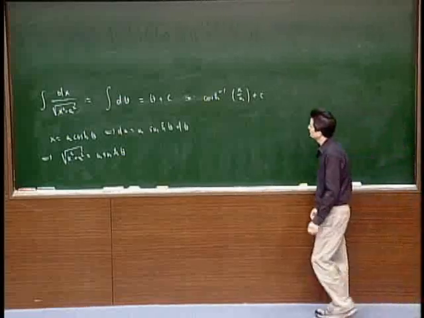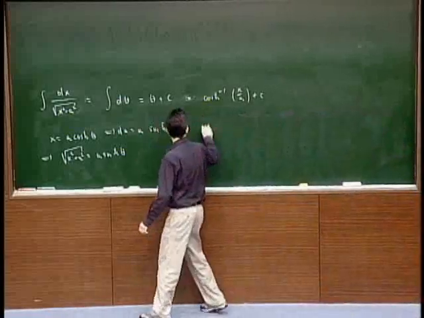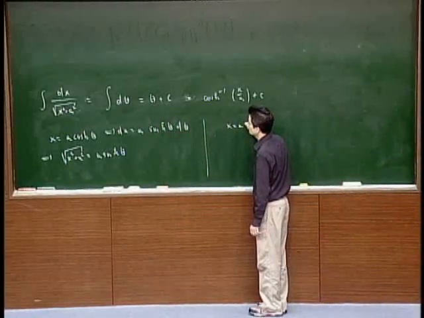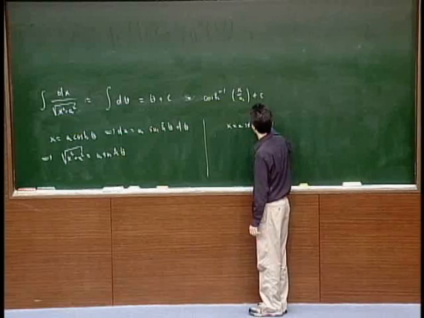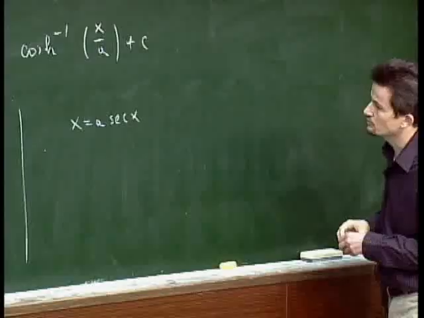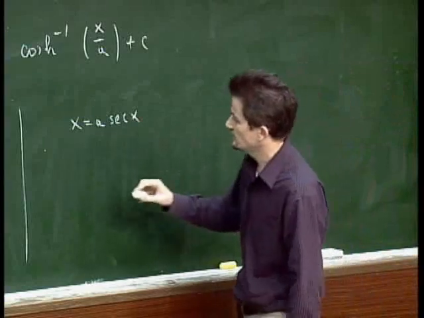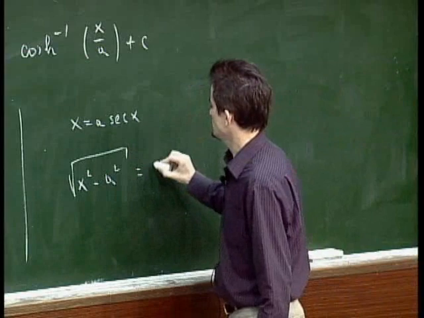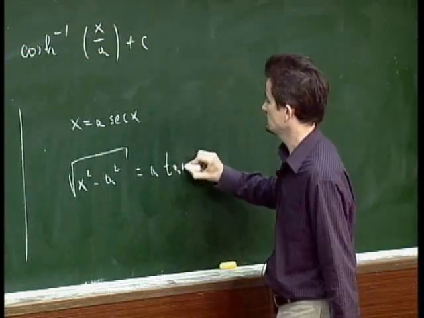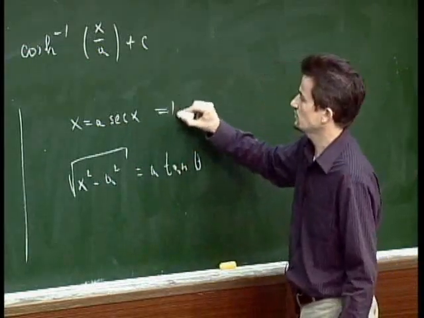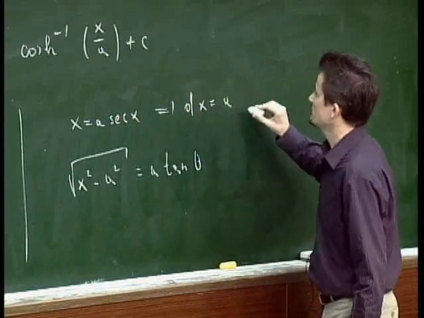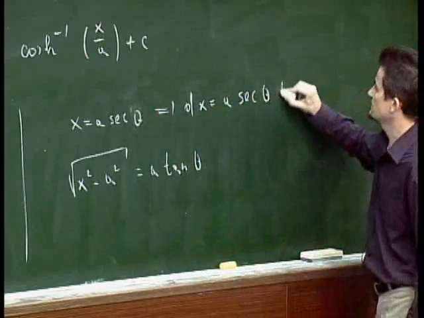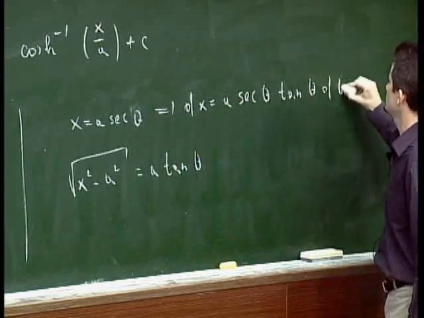Now if you do the same by using the substitution x equals a times secant of theta, maybe I should work this out just to see what the difference is. In this case, the square root of x squared minus a squared is equal to a times the tangent of theta. Also, dx is equal to a times secant theta tangent theta d theta.